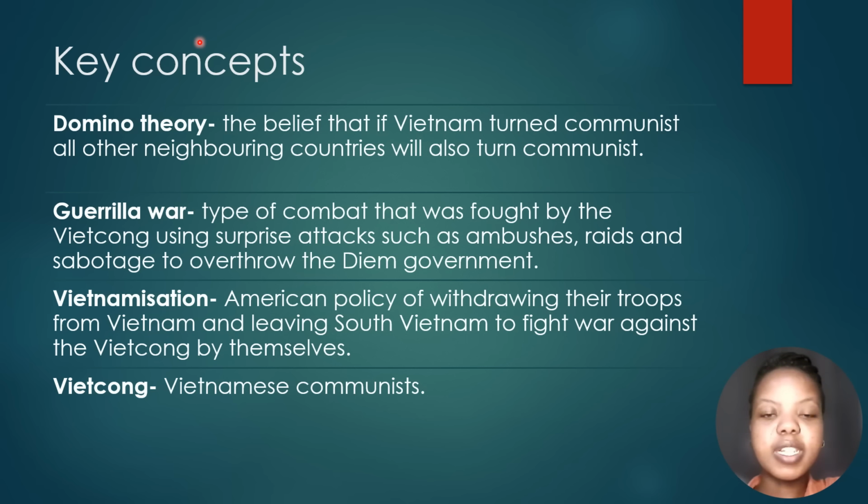And then Vietnamization, it was an American policy of withdrawing their troops from Vietnam and leaving South Vietnam to fight war against the Viet Cong by themselves. And then the Viet Cong, we are talking about the Vietnamese communists. So please ensure that you know these definitions and you understand them because you will have to use them.